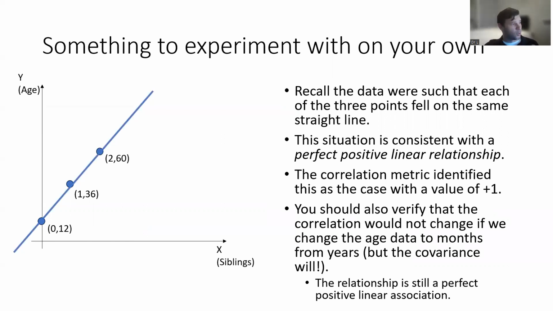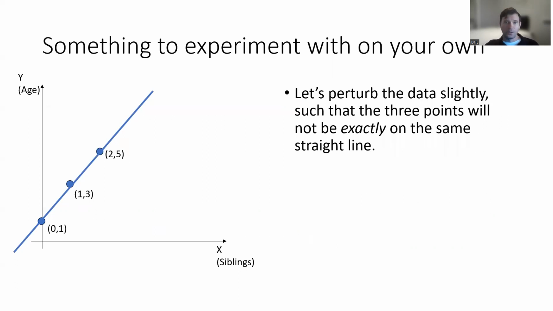Okay, now let me go back to the original data here. And I want to think about doing something else. I want you to imagine taking the top data point up there, the third observation, and let's change it just a little bit so it's not perfectly on the same line as the other two observations. Let's move it over.